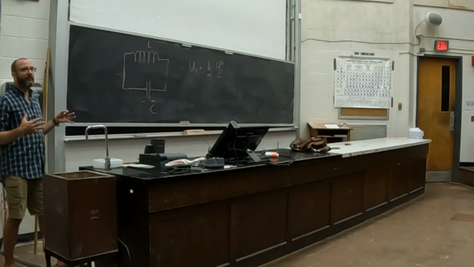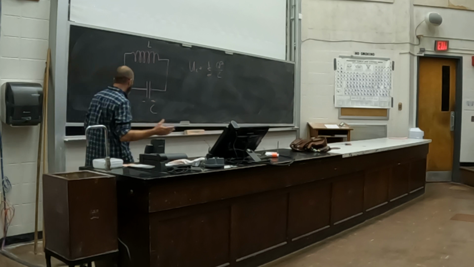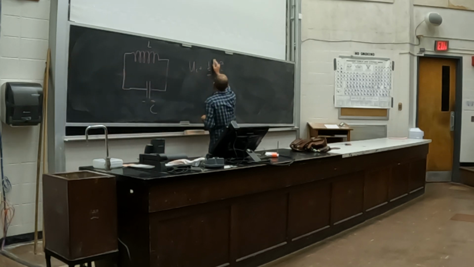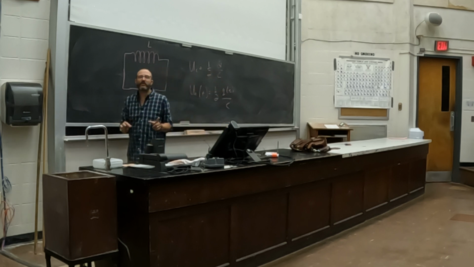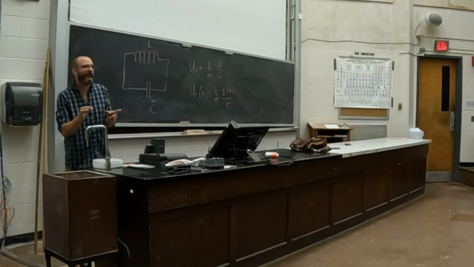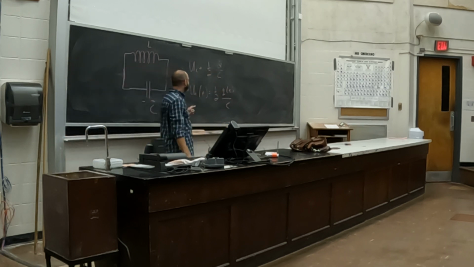To make this more general, let me change this Q and change U_C. I'll rewrite it so you don't have to erase it. If the charge is changing, and we saw situations where that would happen, then you can talk about the energy stored in the capacitor at any time.